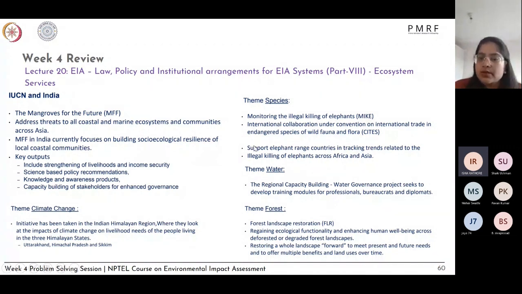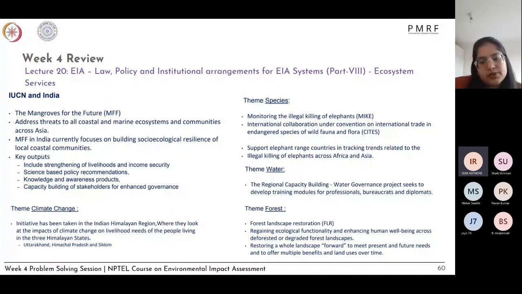So this also forms a link for better regulation of sites. And so the key outputs were to support elephant range countries in tracking trends relating to the illegal killing of elephants. And this is predominantly prevalent in Africa and Asia, which have the higher population of elephant species.